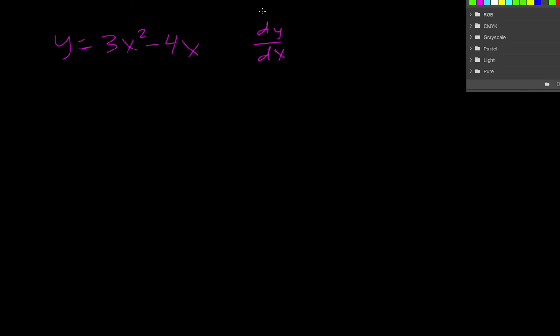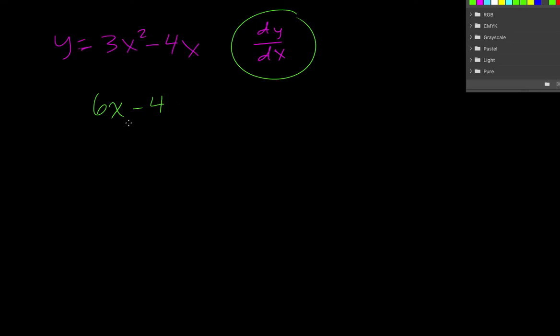So to find dy dx, that's just another way of saying find the derivative function. So we bring the 2 down, 2 times 3 is 6, reduce the exponent to a 1, don't need to write that, and then hopefully you're picking up, if it's just a number in front of x, the derivative is just that number, but technically we're bringing the 1 down, multiplying it by -4, and then it's x to the 0, which is 1, and then 1 times -4.